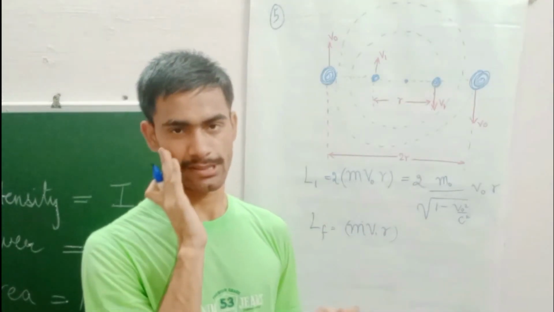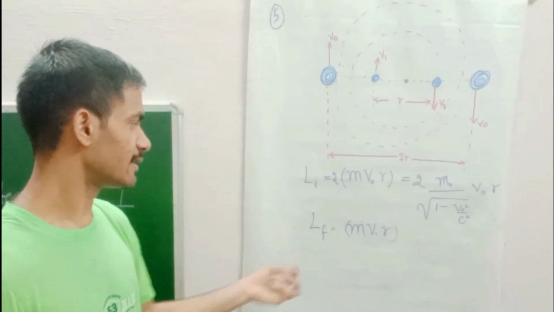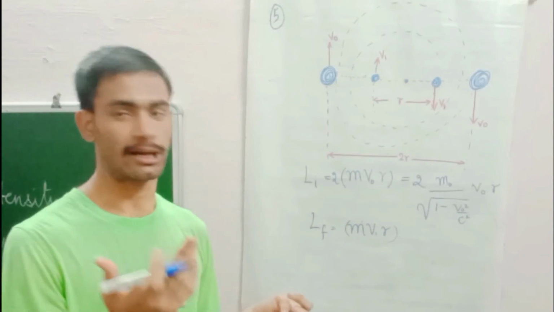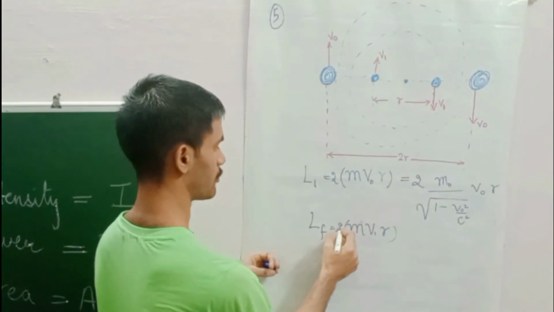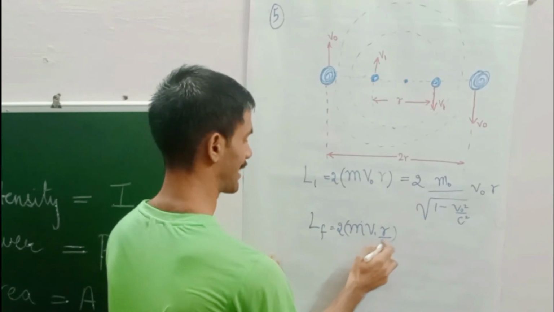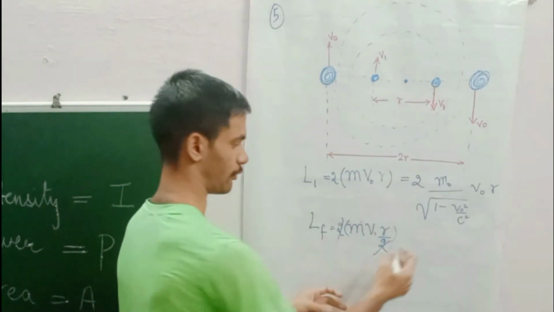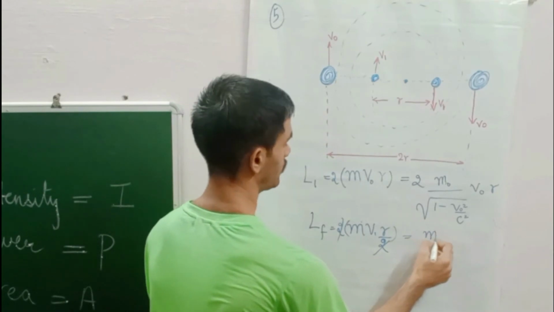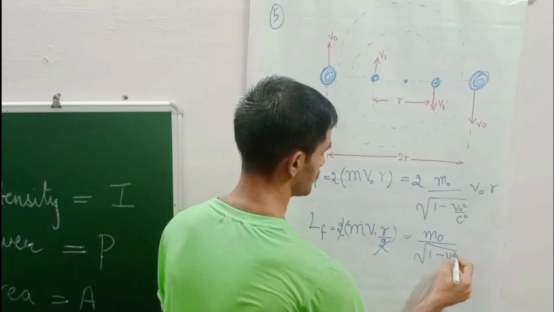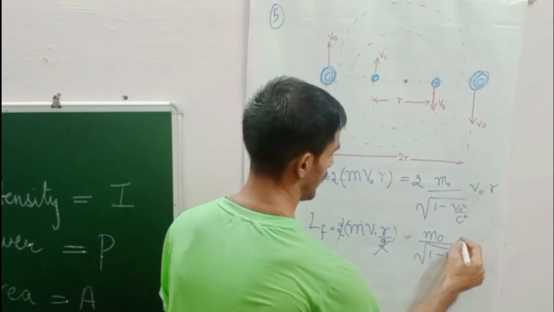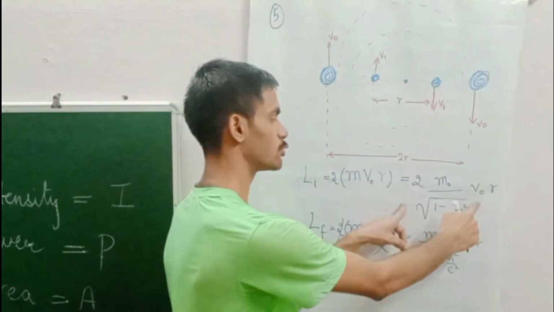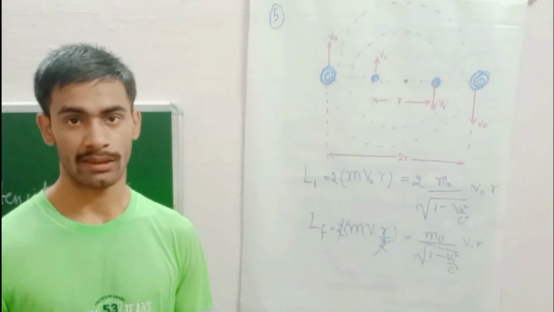M prime is more fancy, but whatever you use, just specify what it means. So this also would be 2 times this, which is why I have cancelled that and directly written it in this form. So this can be m naught times root over 1 minus v1 square upon c square, into v1 r. By just equating these two, you will get the answer.